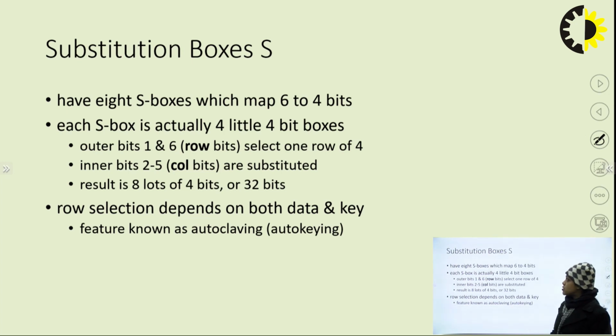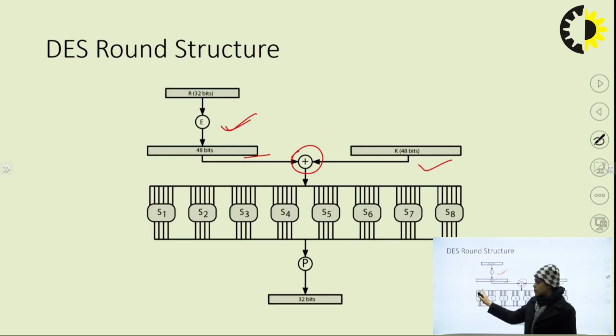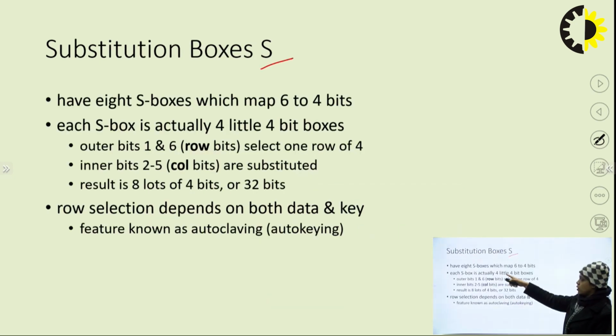So these substitution boxes we can denote by S. They have 8 S-boxes which map 6 bits to 4 bits. You can see 6 bits are coming in as input to a particular S-box, substitution box, and finally it is producing 4 bits. Out of 6, it is producing 4. In the same way, we have 8 S-boxes which map 6 bits to 4 bits.